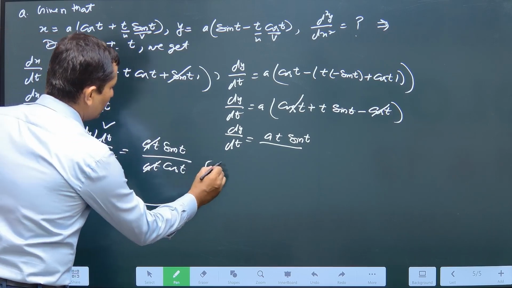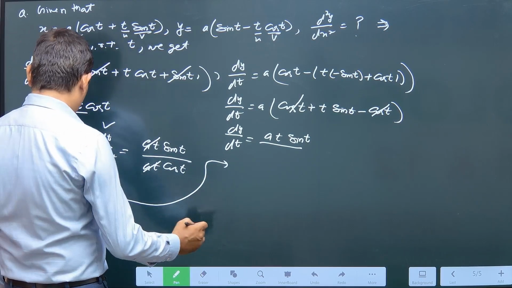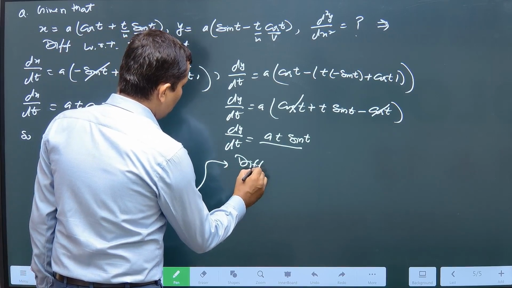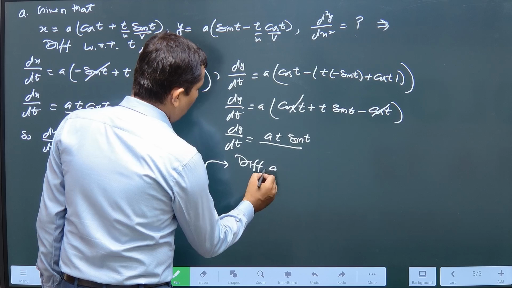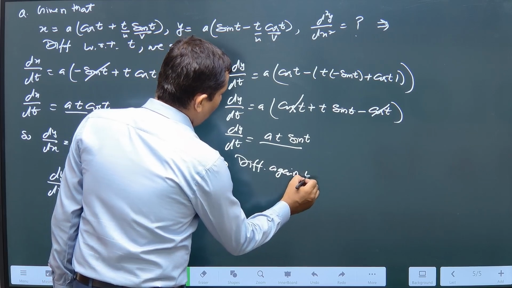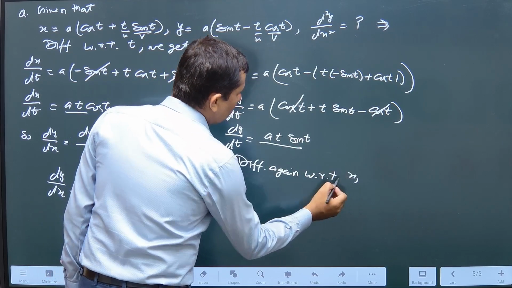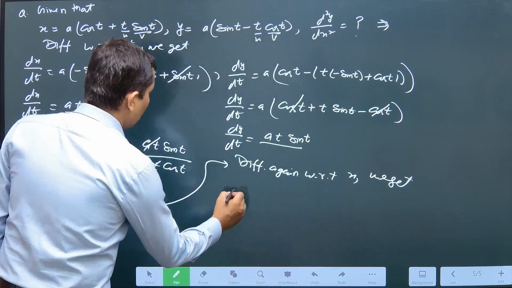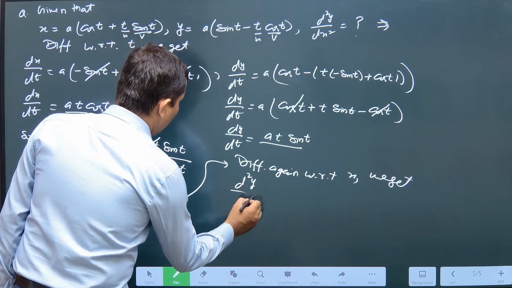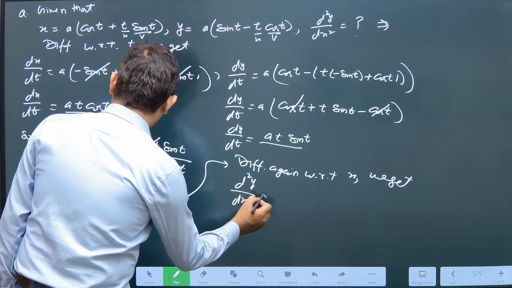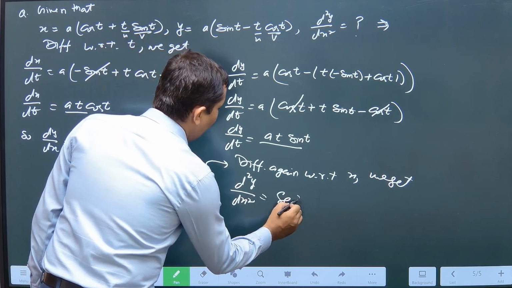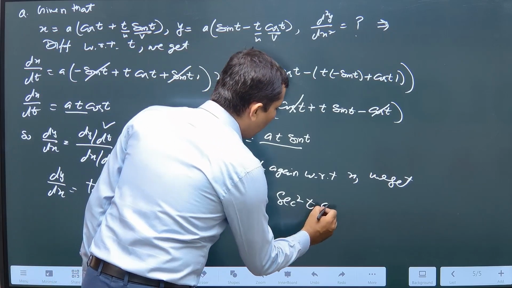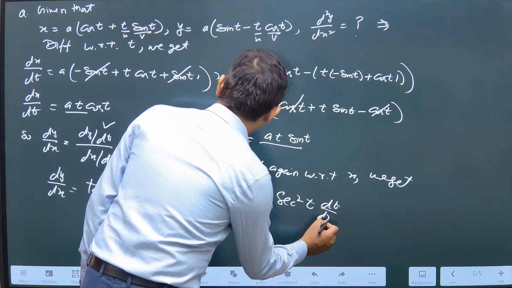So differentiate again with respect to x, we get d square y upon dx square is equal to secant square t with respect to x and derivative of t, dt upon dx.